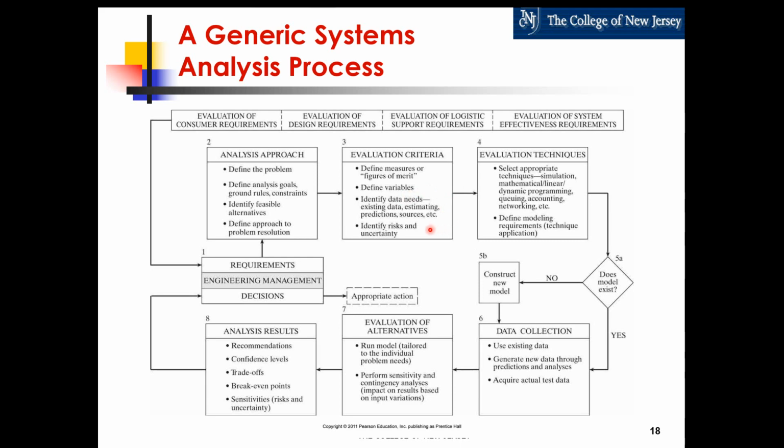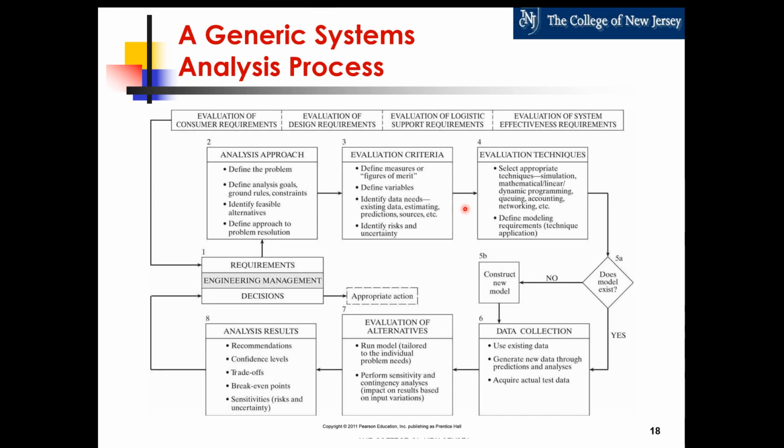So you need to identify all of that, and also, if the activity lends itself, identify risk and uncertainty. For example, identifying variances and the sensitivity of one output with respect to one input. You can measure that.